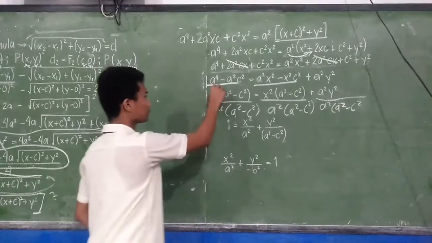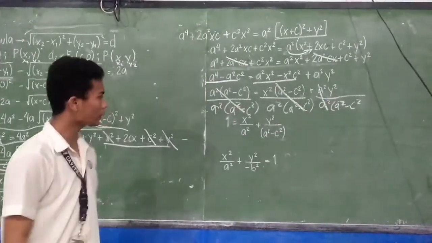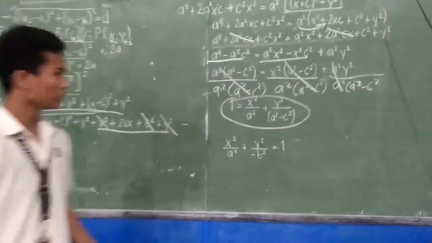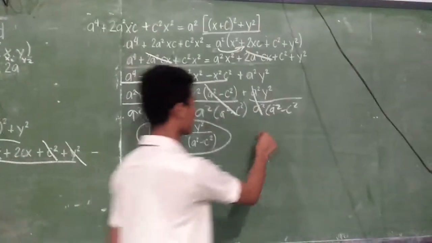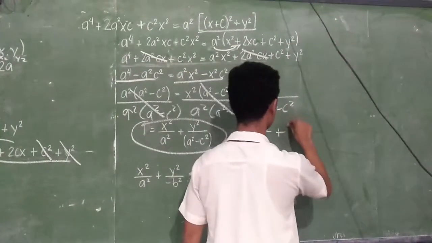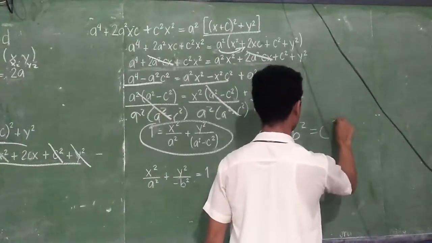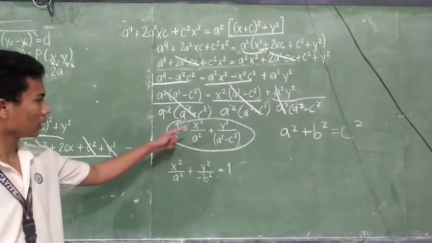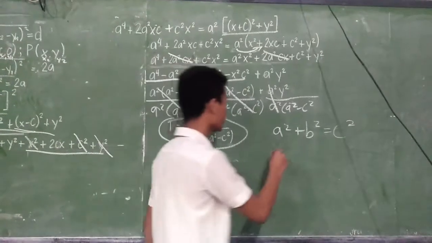Then simplify. The equation will look like this. We will use the Pythagorean theorem. To get the value of a squared minus c squared, we will rearrange the terms.